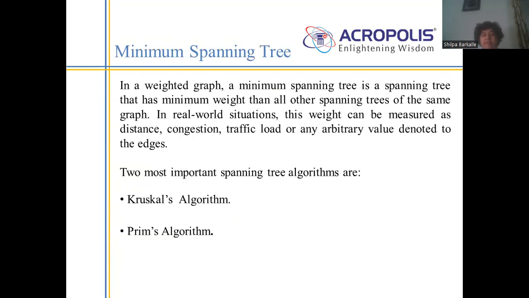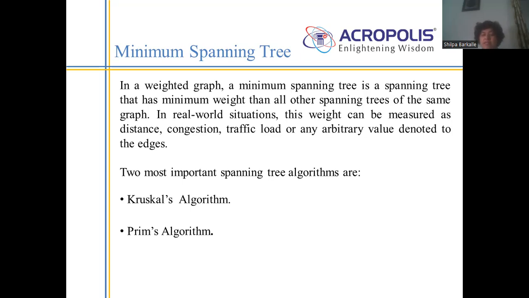So in a weighted graph, as we know, a graph can have more than one spanning tree. How will we find the weight of a spanning tree? We will simply add the weights of all the edges in that spanning tree. So the spanning tree which has the minimum weight will be called the minimum spanning tree.